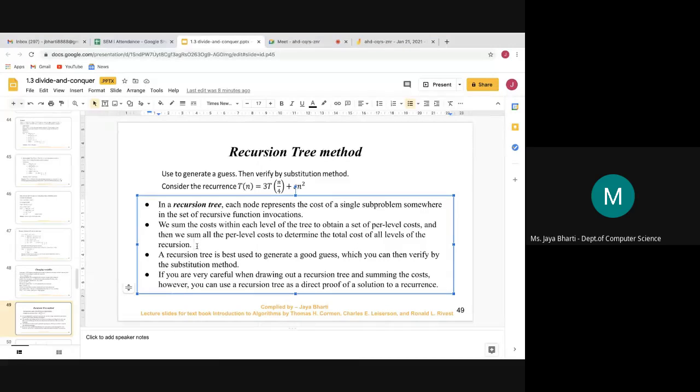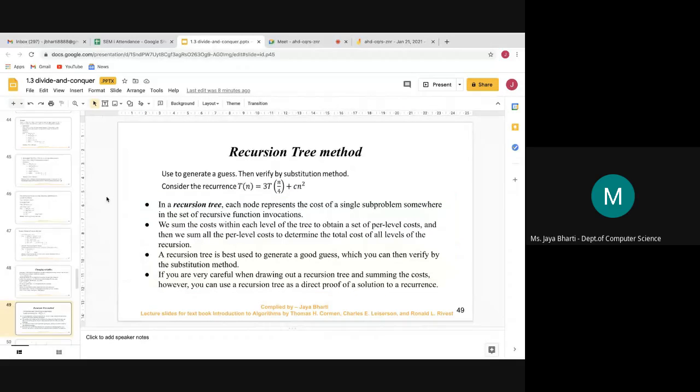So we first determine the cost of each level, then sum the cost of each level, and in that way we get the cost of the whole recursion tree. A recursion tree is best used to generate a good guess, which you can then verify by the substitution method. If you are very careful when drawing the recursion tree and summing the costs, you can use the recursion tree as a direct proof of a solution to the recurrence.